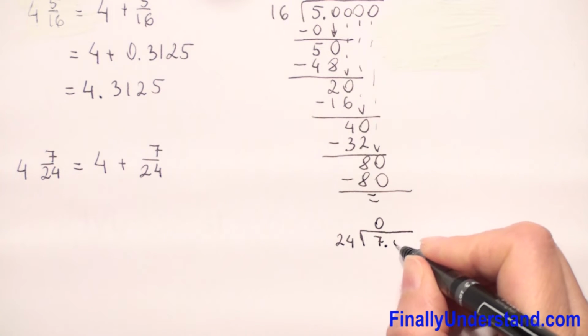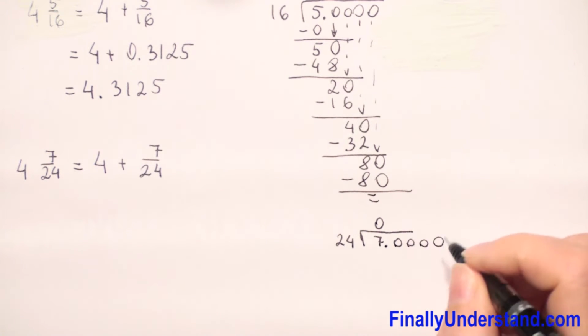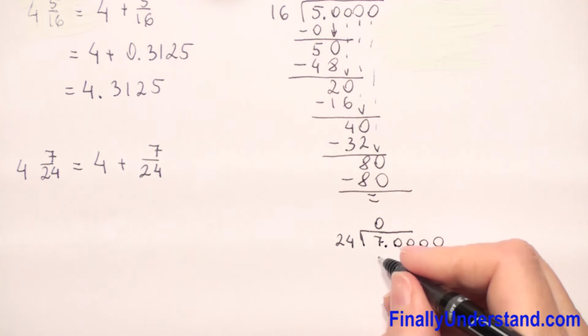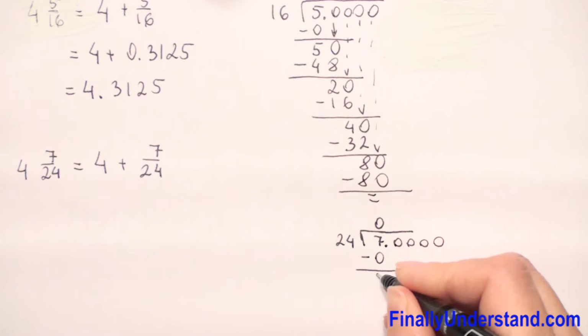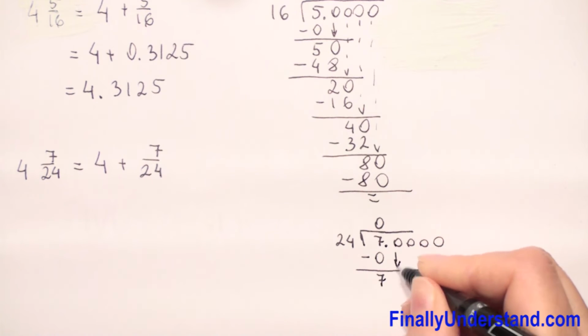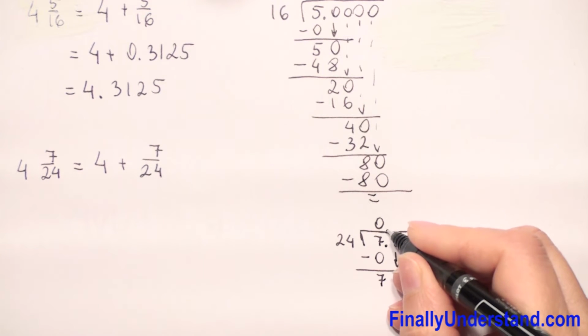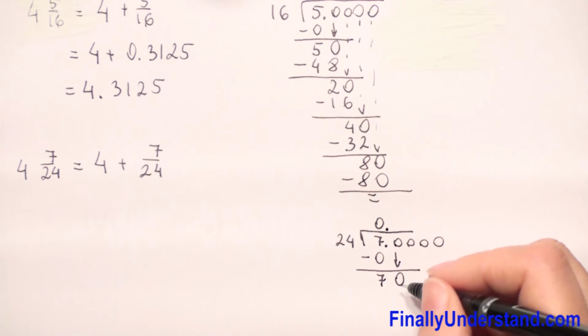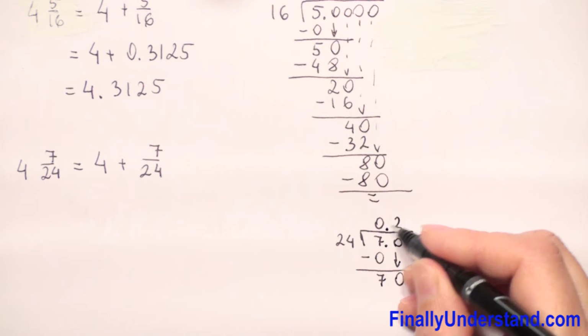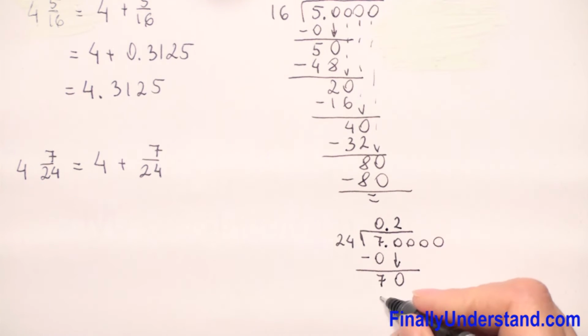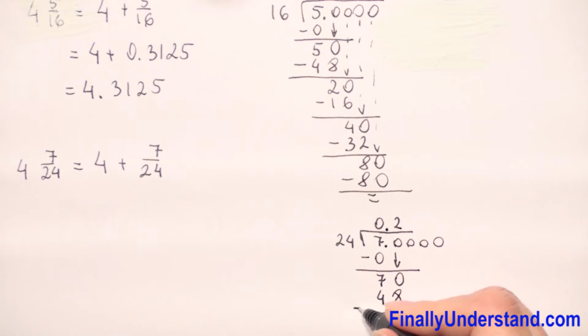Add a decimal point at the end and a few zeros. 0 times 24 is 0. We have to do subtraction now. 7 minus 0 is 7. We take down the first 0 and take up the decimal point. 70 divided by 24 is 2. 2 times 24 is 48.